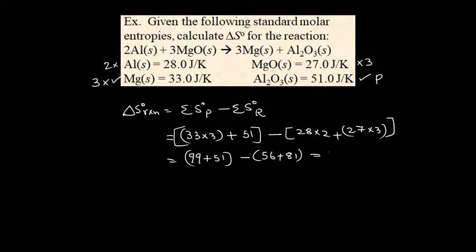Okay, that equals 150 minus 137, that equals 13.0 joules per Kelvin mole reaction. And now try this question by yourself, and you should get negative 188.3 joules per Kelvin mole reaction.